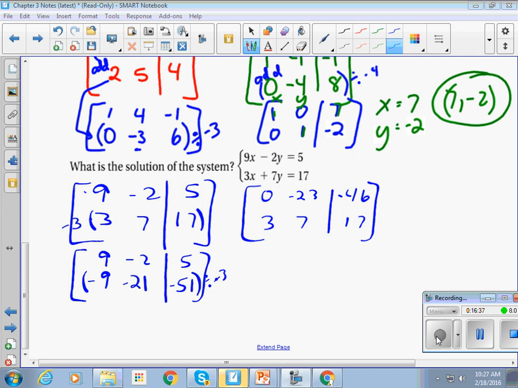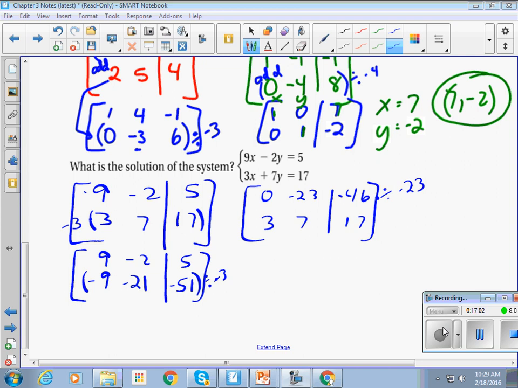I'm going to go ahead and take my top row and I'm going to divide it by -23. All right, so I'm going to take my top row, I'm going to divide by -23 because I happen to know that 46 divided by 23 is 2.